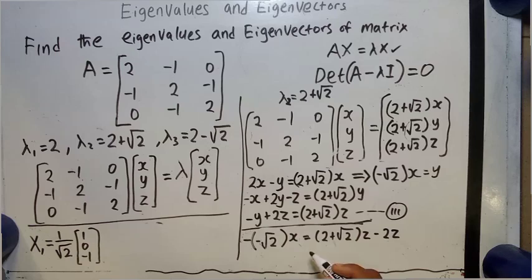Now, this guy can be rewritten as minus times minus is plus. We're left with root 2x.